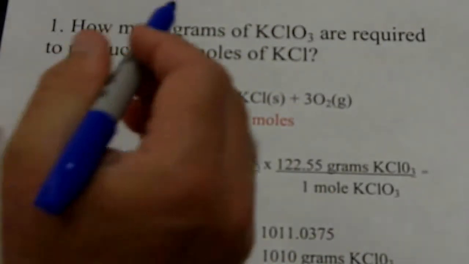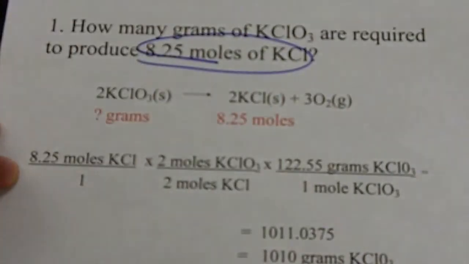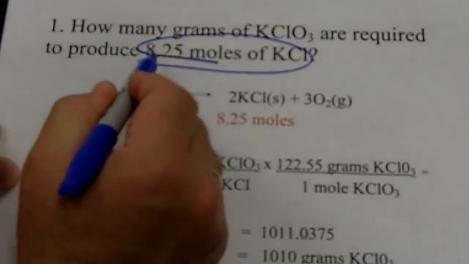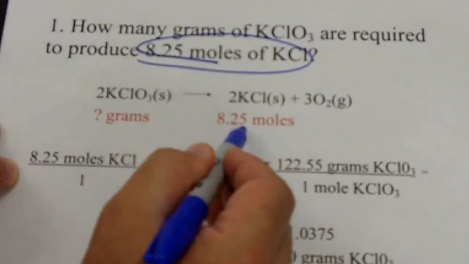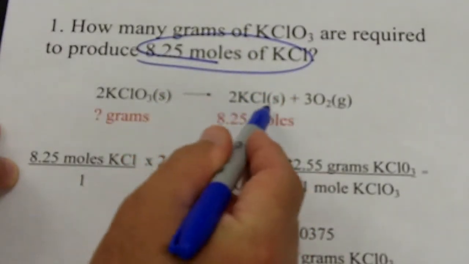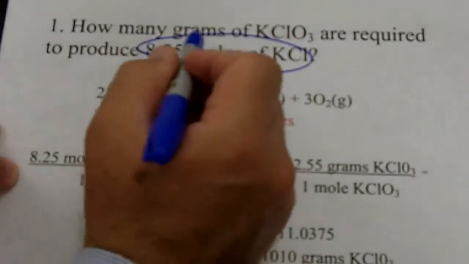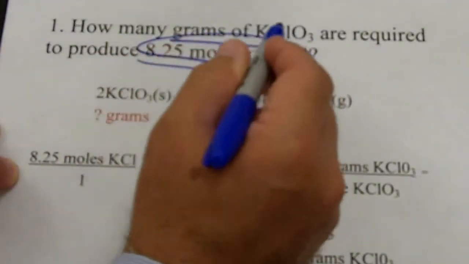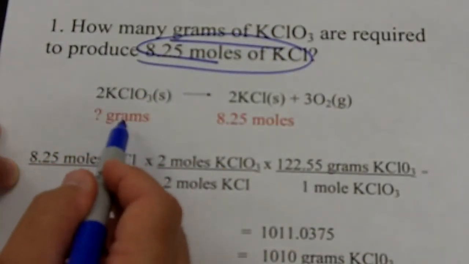Now they tell me in the problem that I want to produce 8.25 moles of potassium chloride. So I'll write that directly underneath the potassium chloride in the reaction, 8.25 moles. And we're looking for how many grams of potassium chlorate, so I'll put question mark grams because that's what I'm looking for.